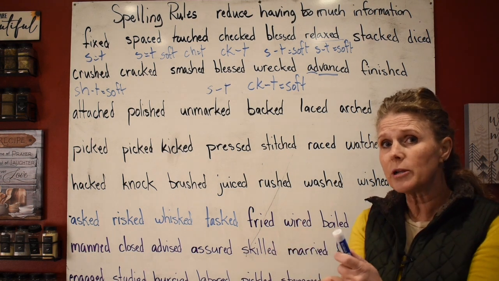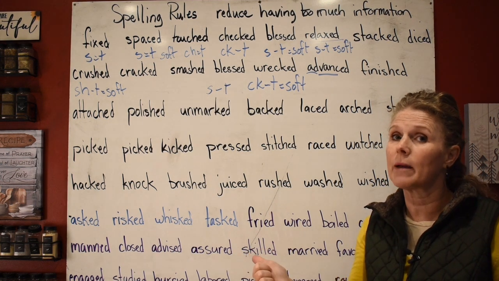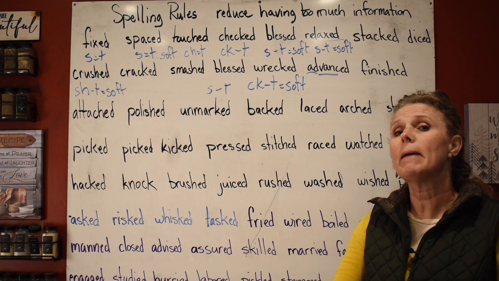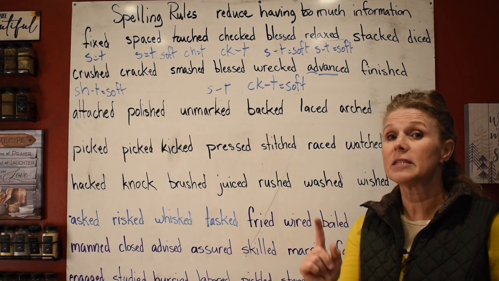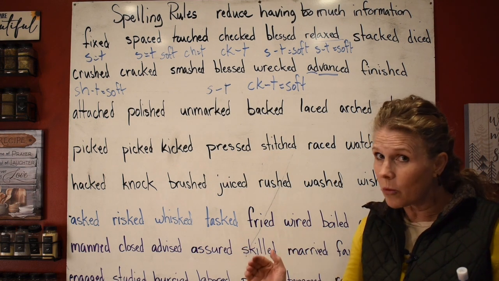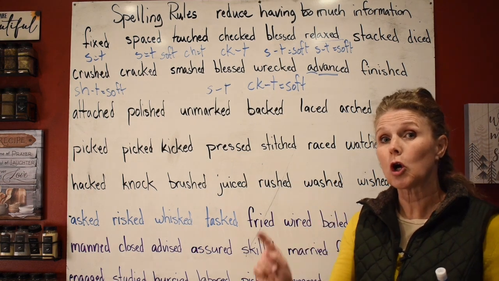If your base word ends with a S sound, it needs to end with a CE most of the time, or an SE. Remember, S's at the end, if it's one S, will almost always be what? A suffix, meaning plural.